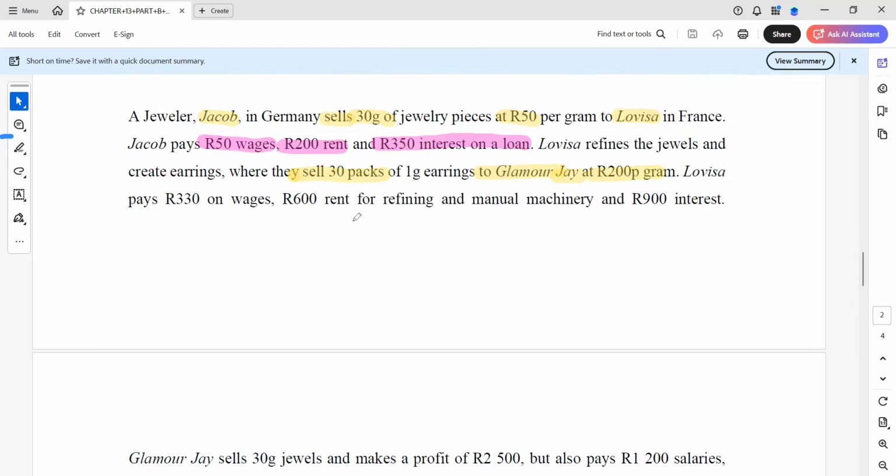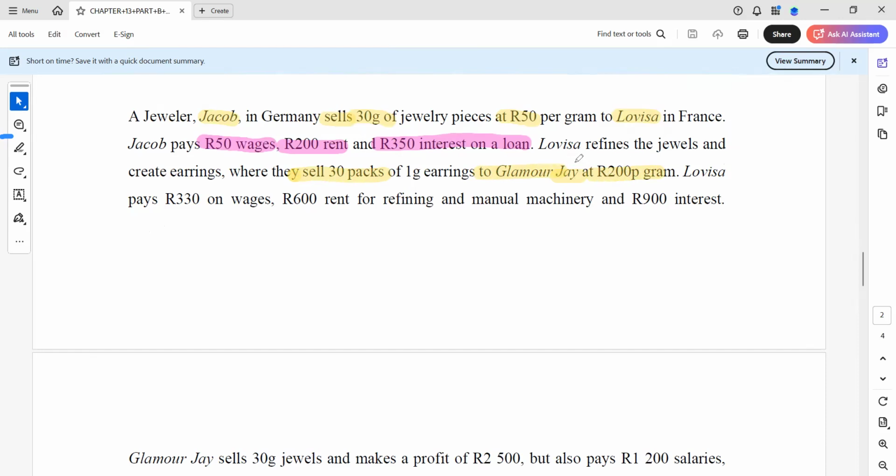Then Lovisa pays. Now also Lovisa has his own production company. You see, they take these jewelry pieces, they refine them into earrings, and then he sells them to J, this business, at 200 rand, right?